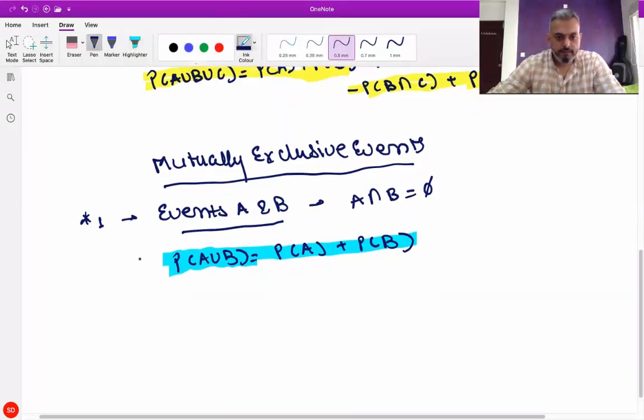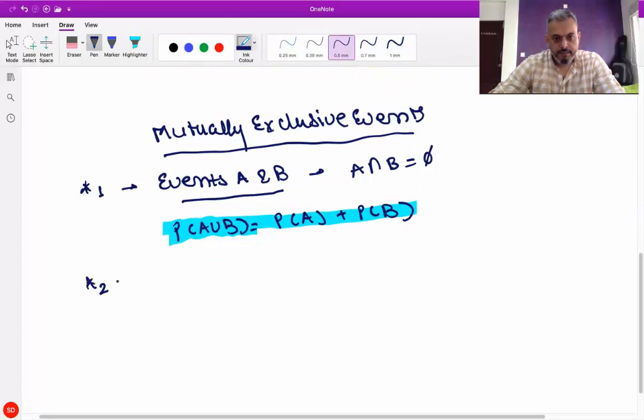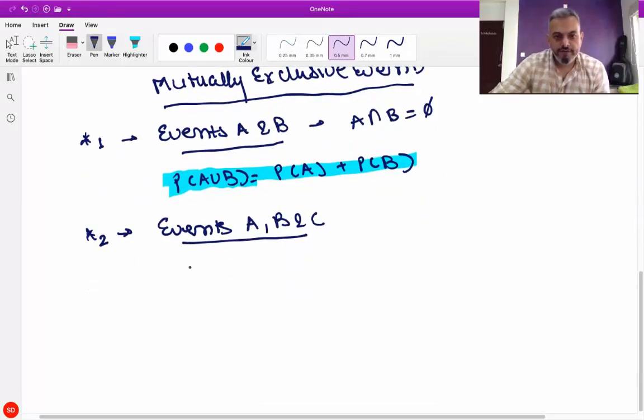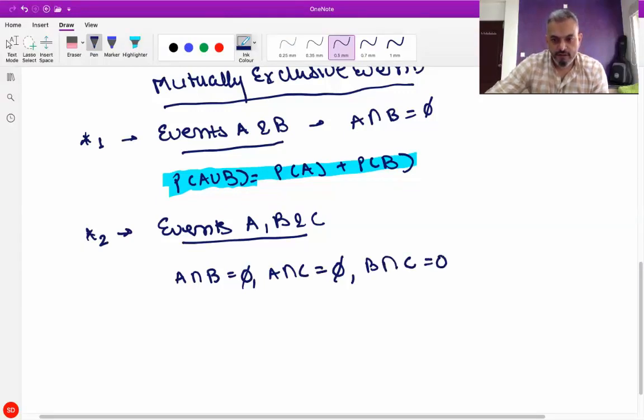Next one. For events A, B, and C, in this case they are mutually exclusive. So A intersection B is equal to null. A intersection C is equal to null. B intersection C is equal to null. And A intersection B intersection C is also equal to null set.